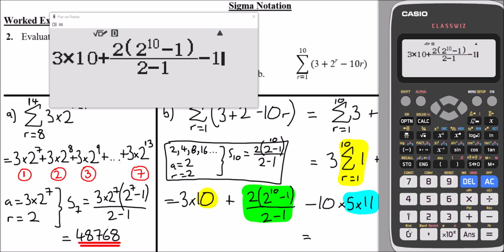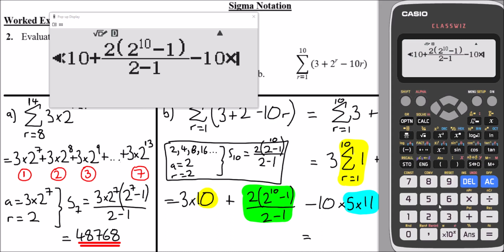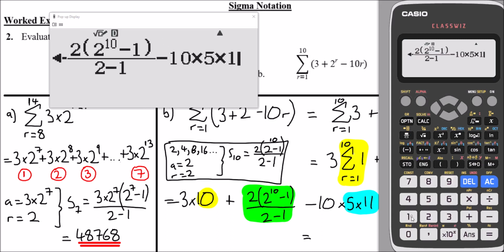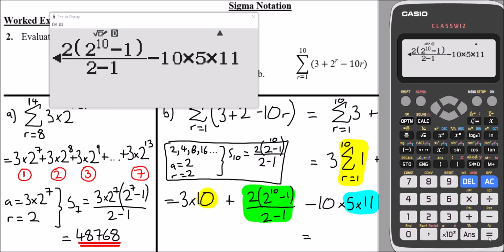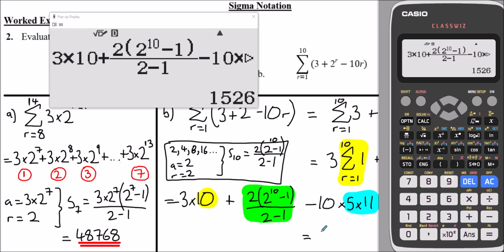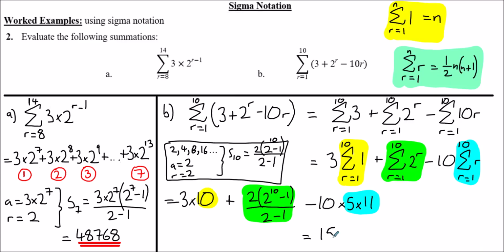Then minus 10 times 5 times 11. And that's going to give us 1526. So again, how to check these on a calculator.